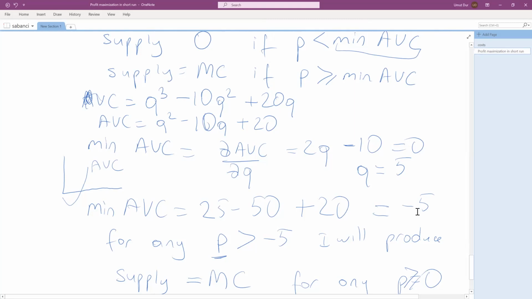Is that something realistic? It doesn't sound realistic in real life, but as a function or as math, nothing is wrong here.